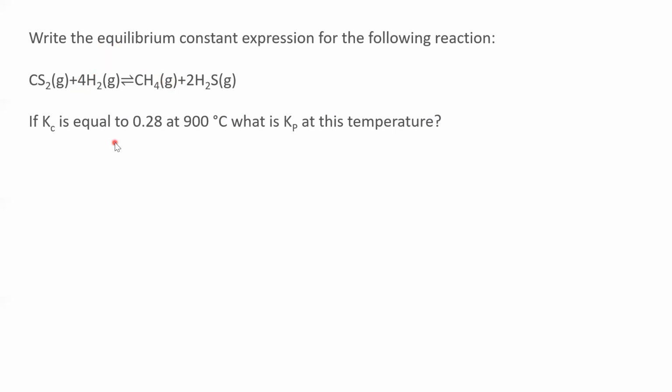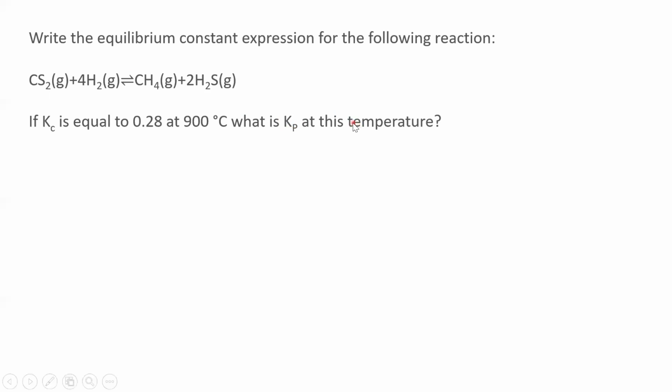So for this particular question, it says the equilibrium constant in terms of concentrations, that's what this C means, equals 0.28 at 900 degrees Celsius. What is Kp, or the equilibrium constant in terms of partial pressures at this temperature?